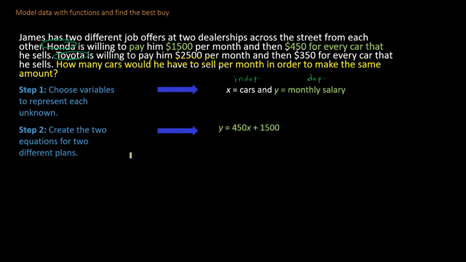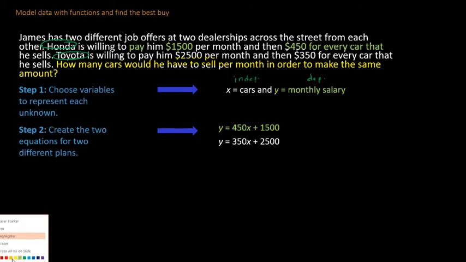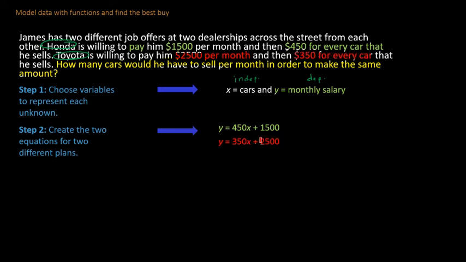And then we look at Toyota. They're willing to pay him, remember total pay is Y, Y equals $2,500 per month, so that's that $2,500, and then $350 for every car, 350x, 350 times the number of cars he sells.